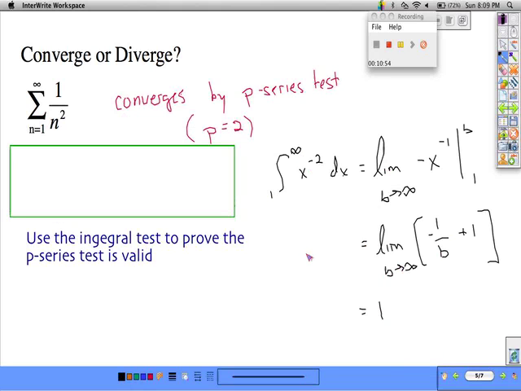So since this integral is equal to 1, since it converges to 1, this series would converge by the integral test.